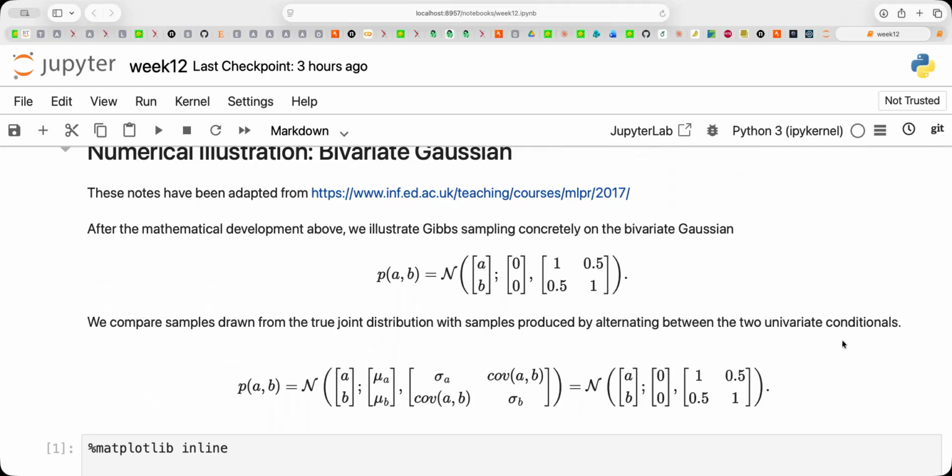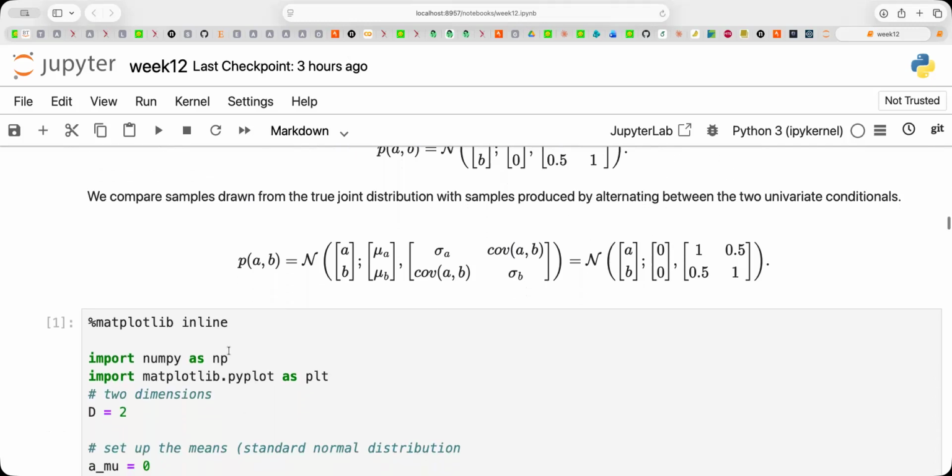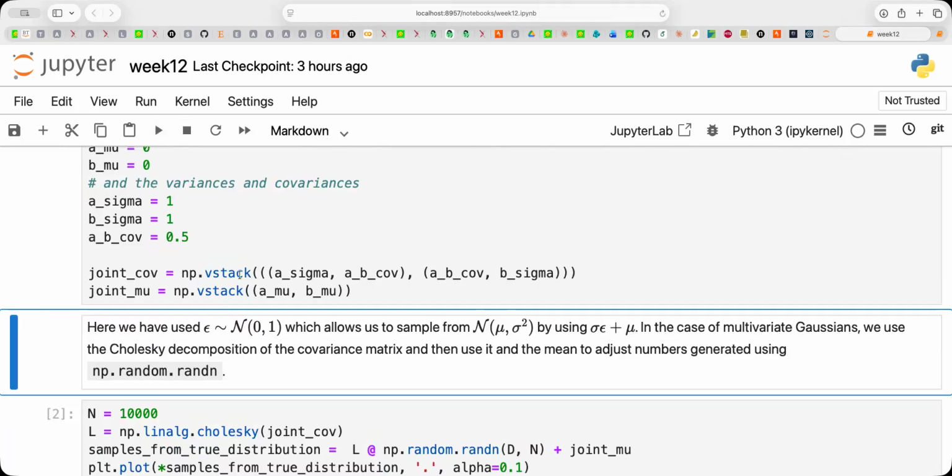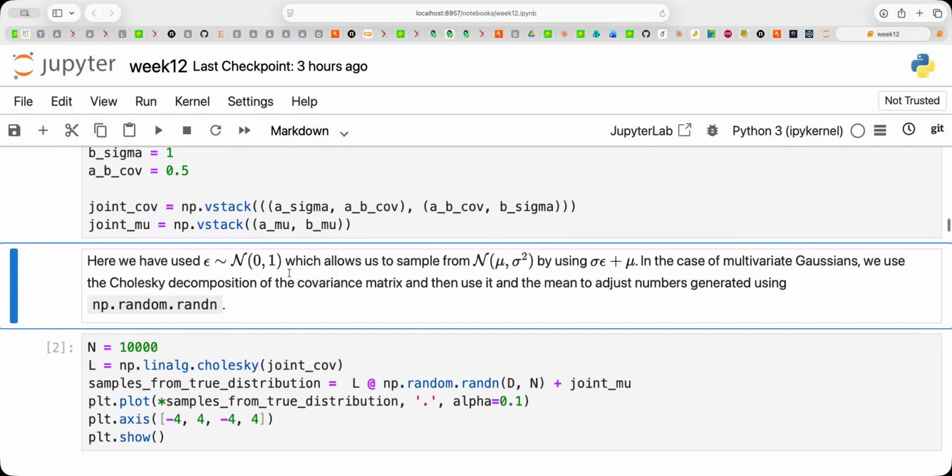And then we compare that with the one where we sample from the true one. This is just a pretty simple example where I just use the standard functions which you will have in NumPy. So I have a normally distributed noise, which allows us to sample from a mean value and a standard deviation sigma squared.